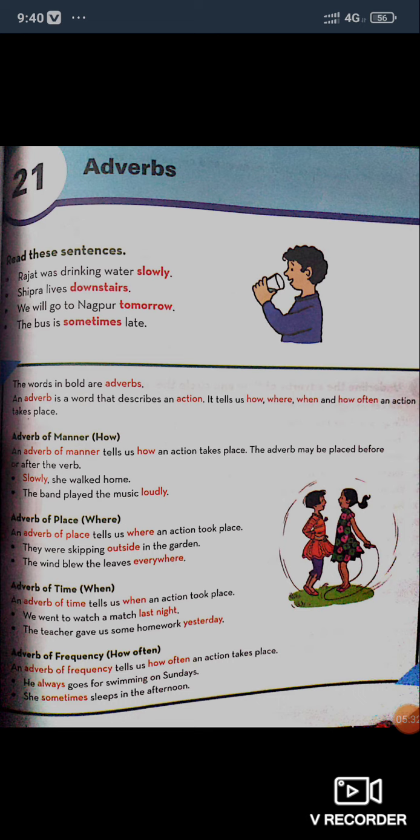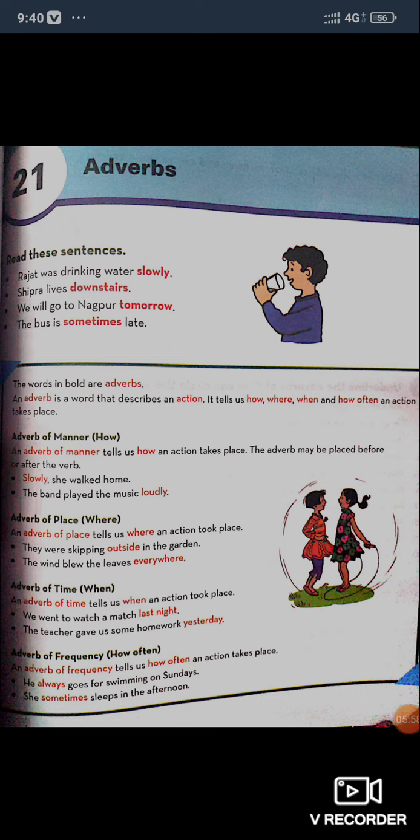Now the last, adverb of frequency, that means how often an action takes place. An adverb of frequency tells us how often an action takes place. Like, he always goes for swimming on Sundays. She sometimes sleeps in the afternoon.